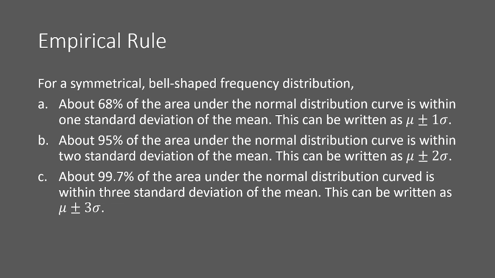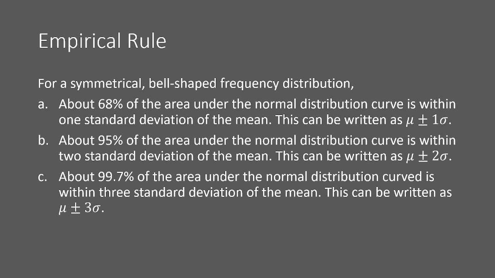And for this empirical rule, kung makikita nyo, class, this is again another estimation. So for a symmetrical and bell-shaped frequency distribution, about 68% of the area under the normal distribution curve is within one standard deviation of the mean. This can be written as mu plus or minus 1 sigma.